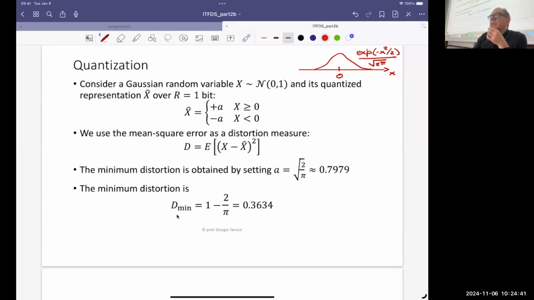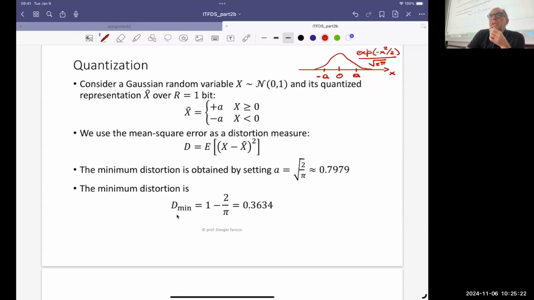We want to replace the random variable with a number, and at the same time, this number should be as close as possible to every value of the random variable. So we choose a certain number that we call a, and we say that our random variable is replaced by minus a if it is negative, and by plus a if it is positive. We want to do this in the most accurate way.